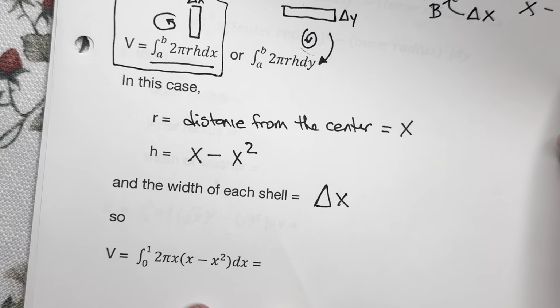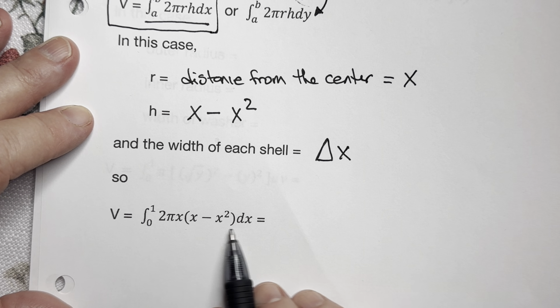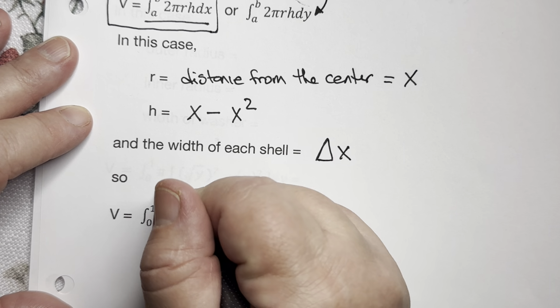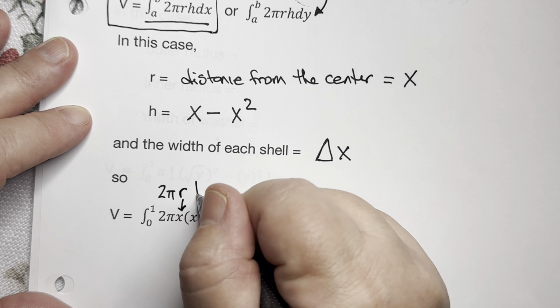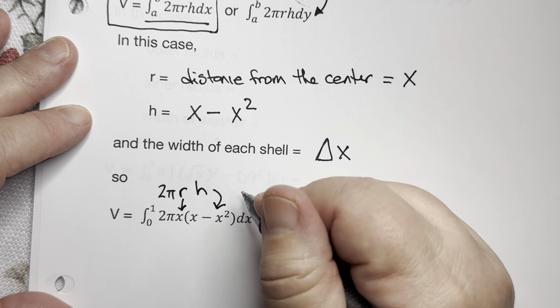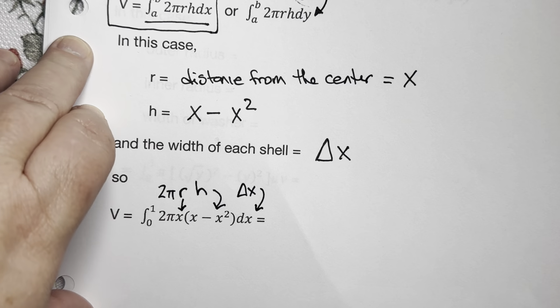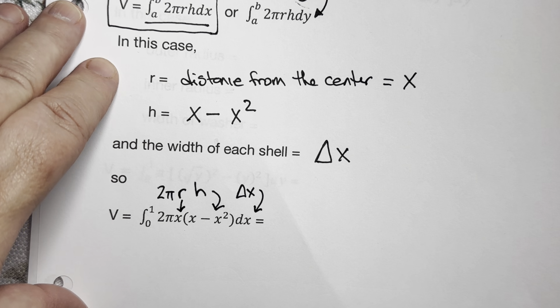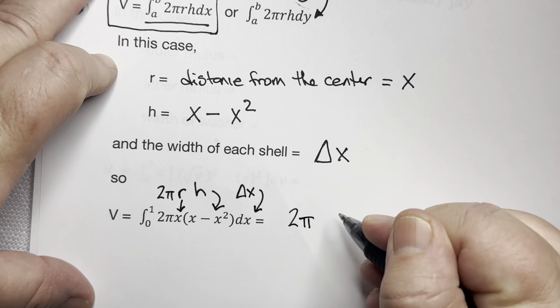Woohoo! Okay, so through the magic of television, I've already put it all together. So there's the 2 pi. The r is x. The h is x minus x squared. And the width, delta x, becomes dx. And again, this looks terrifying, but remember, 2 pi hangs out outside.